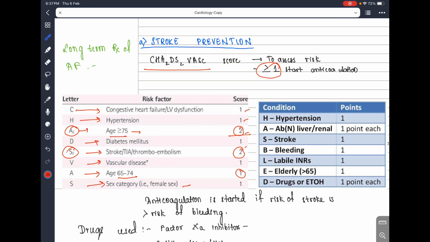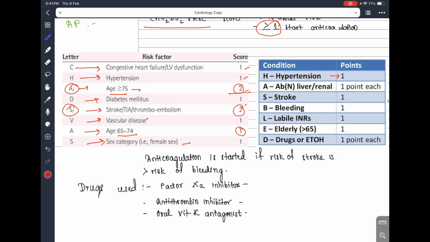For that, you will have to use the HAS-BLED score. If the patient has hypertension, give 1 point. If the patient has abnormal liver or renal function, give 1 point for each. For example, if the patient has both abnormal LFT and impaired RFT, then it will be 1 plus 1, which is 2. If the patient has history of stroke, give 1.